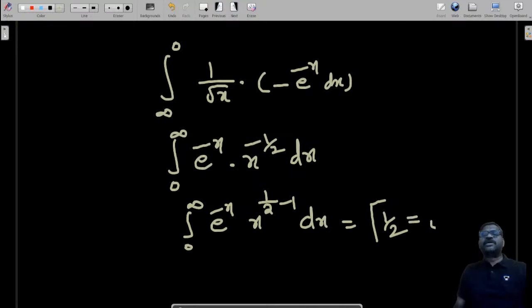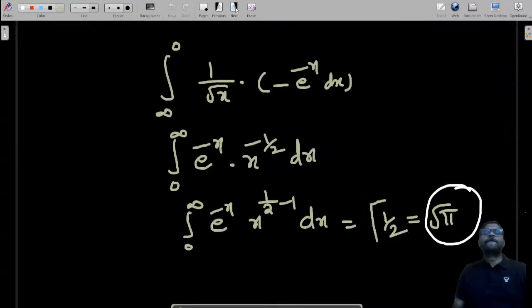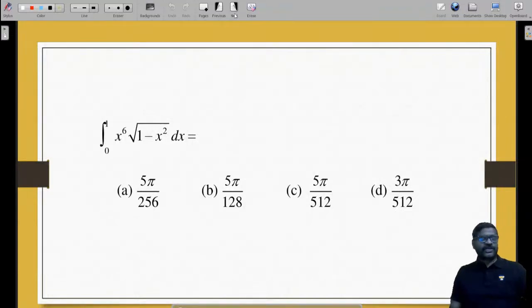That is gamma half. Gamma half is root pi. Finally, it is root pi. Next one.